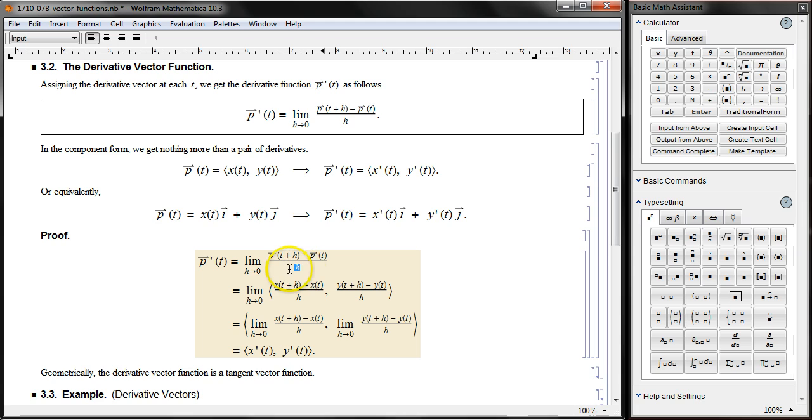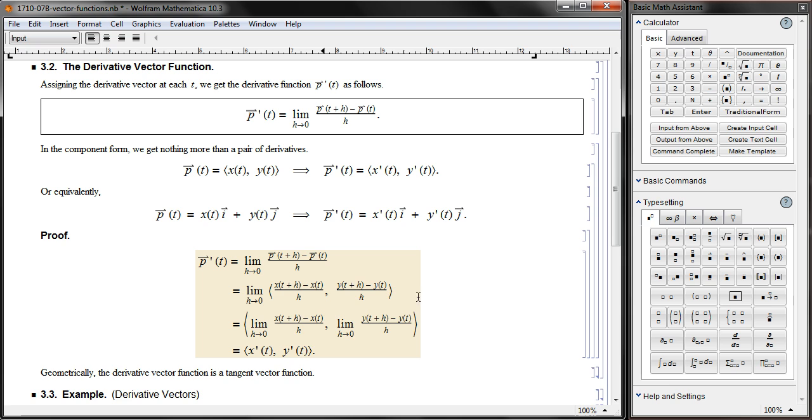Because dividing by h is what? Scalar multiplication by 1 over h, so it just multiplies into each component. And then this addition applies to each component too. So in the end, we get the Newton quotient of x, the Newton quotient of y. If we have one more component, then you're going to get a Newton quotient of z as well.